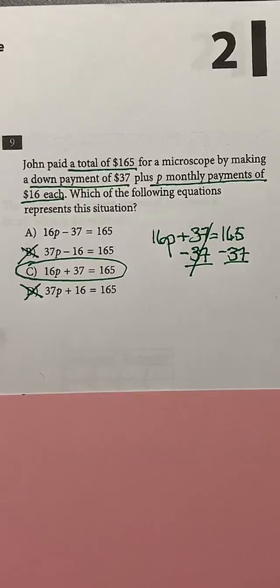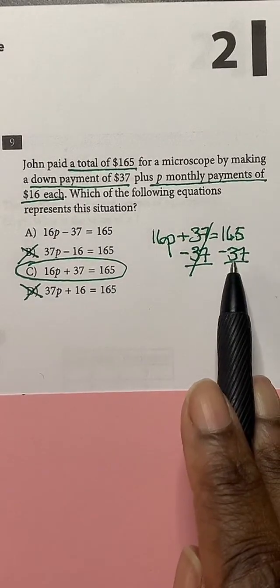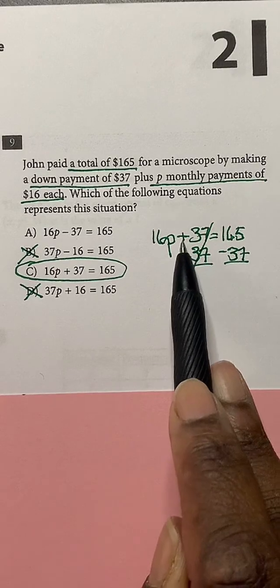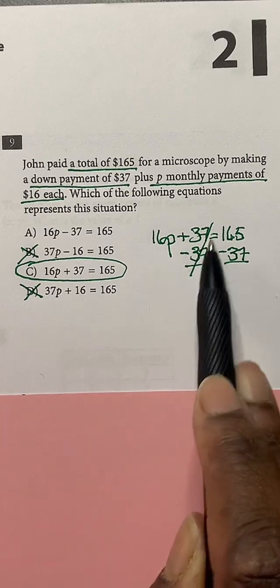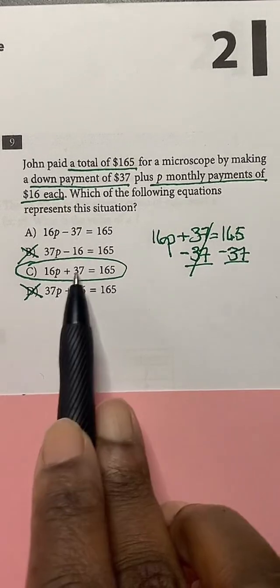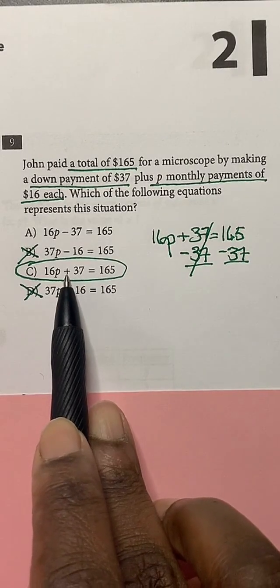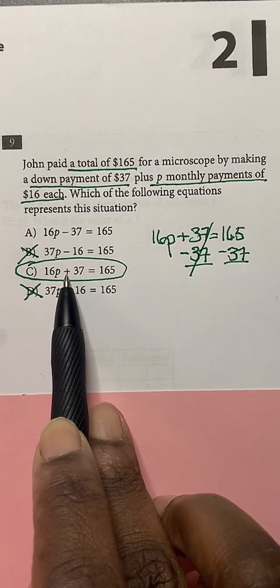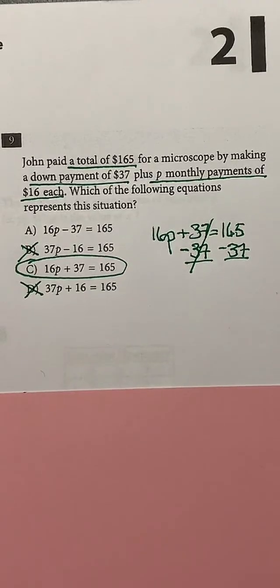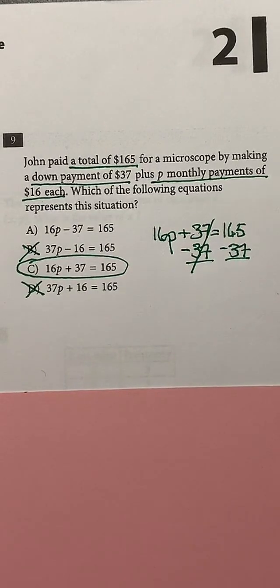You're taking away the 37 from the total. In order to take away the 37, it originally was added because it was part of the total of that 165. That's why it's a plus instead of a minus. If you were solving, you're going to do the subtraction.